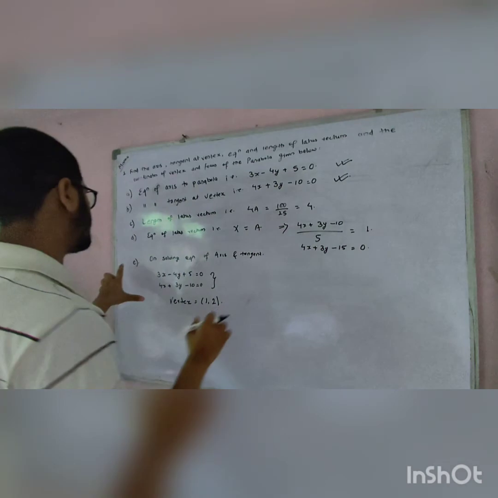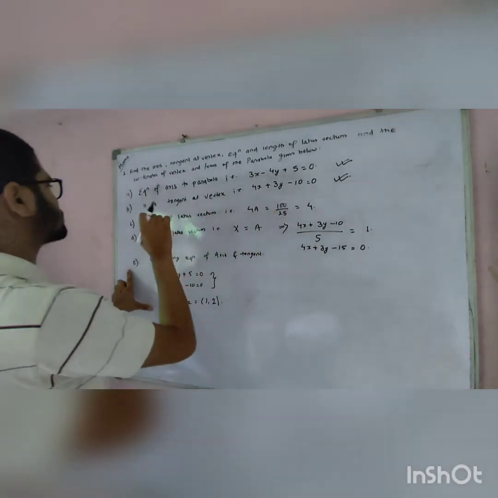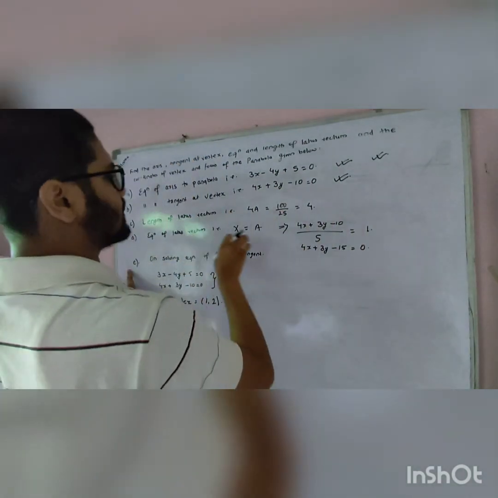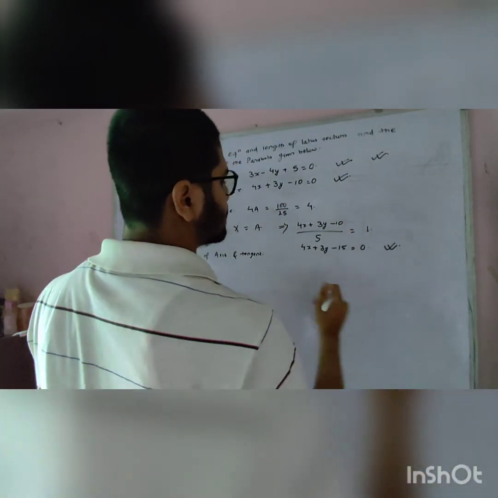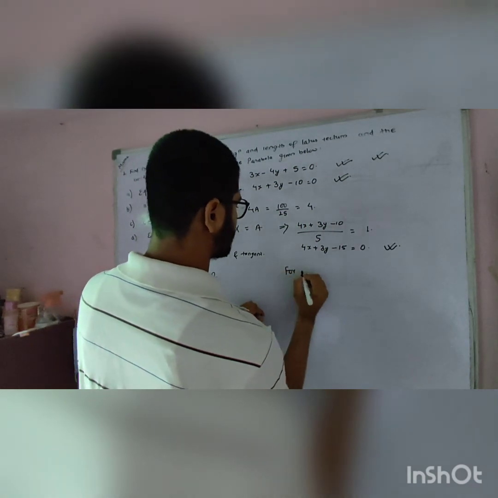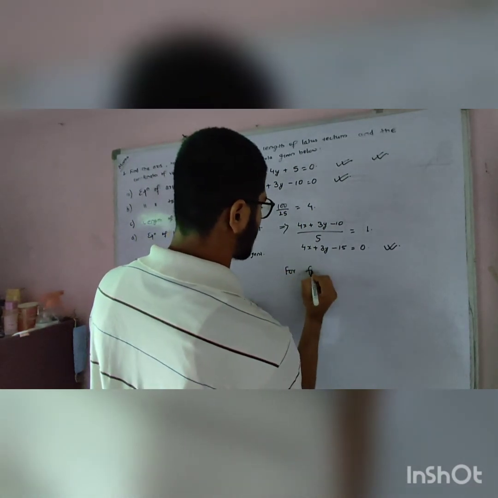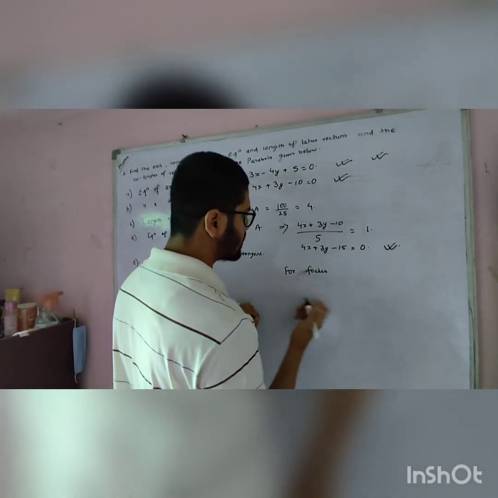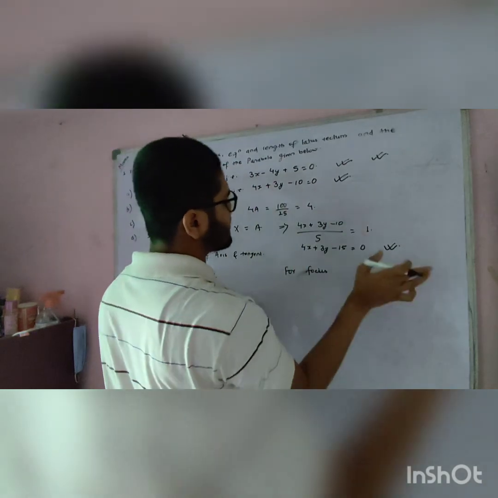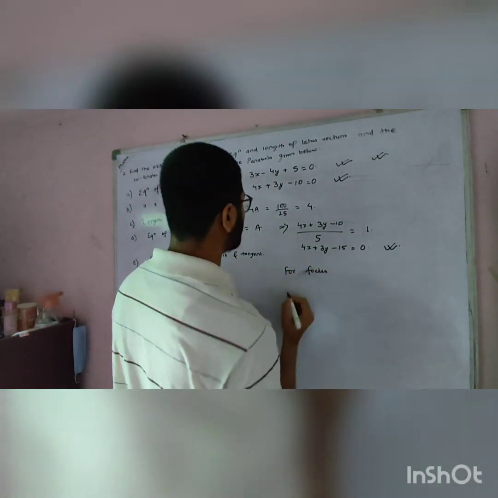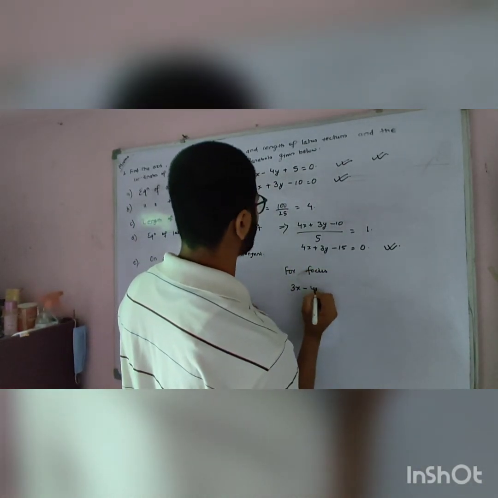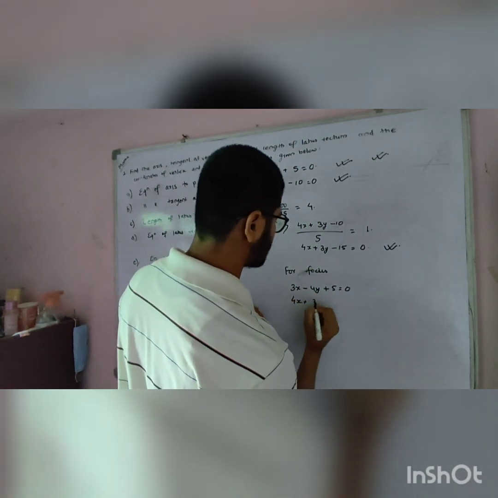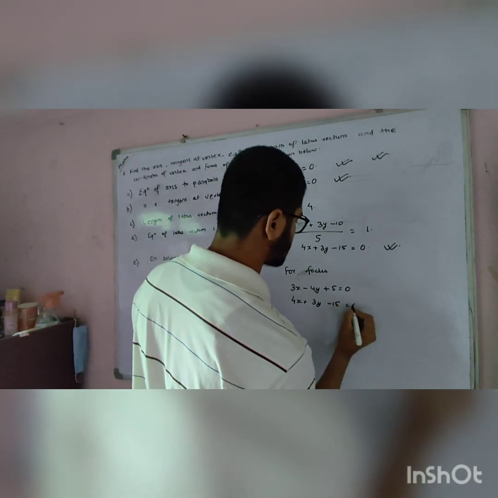The second thing is to find the focus. To find the focus, we have to solve the equation of the axis again, and the equation of our latus rectum. So for the coordinates of the focus, we are solving the equation of axis and the equation of latus rectum, which are 3x minus 4y plus 5 equals 0, and 4x plus 3y minus 15 equals 0.